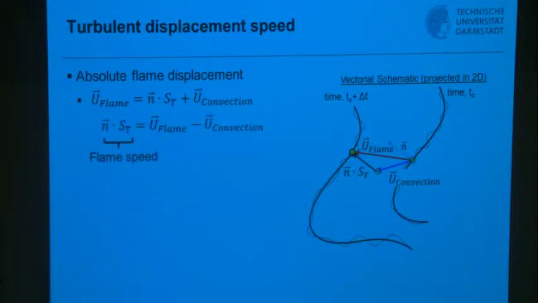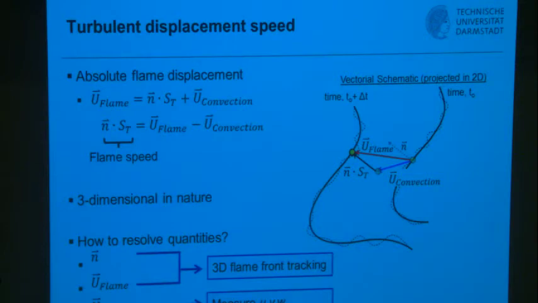If you rearrange that, you are able to deduce this ST if you have an estimation of the surface orientation, the flame propagation speed and the convection speed, where you need all three velocity components. Coming back to the orientation, you need a 3D flame front tracking. You cannot do it in 2D. You need it in 3D, and then you can extract the ST.